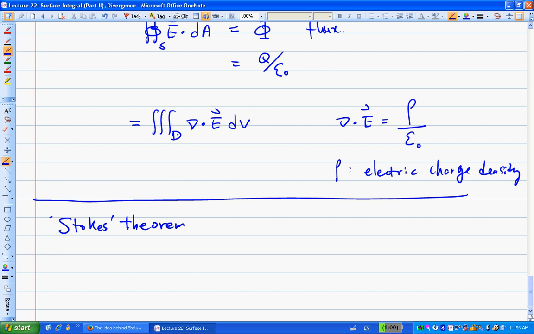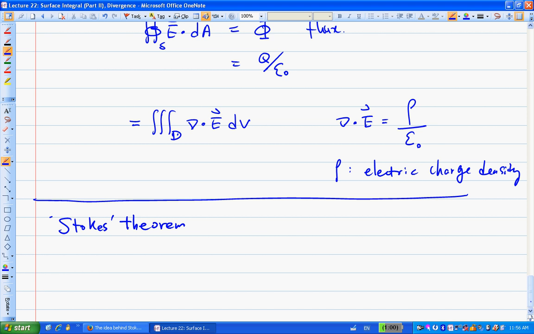If you remember, what does Green's theorem do? It converts a line integral into a double integral. However, the problem with Green's theorem is that it's only applicable for a planar case. When your curve C is in the xy plane, that's good, so we can use Green's theorem.